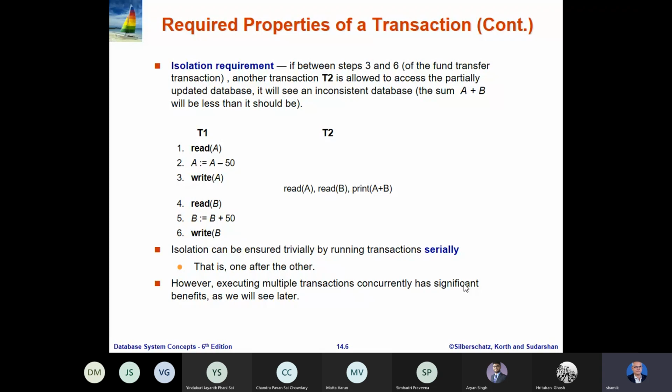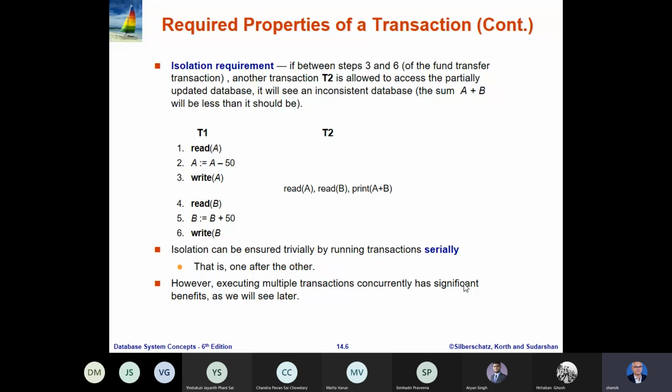Now, why is it called isolation? The property of isolation guarantees that even if the transactions are executed concurrently, they get executed in such a way that it gives the impression as if the transactions are getting executed in isolation.